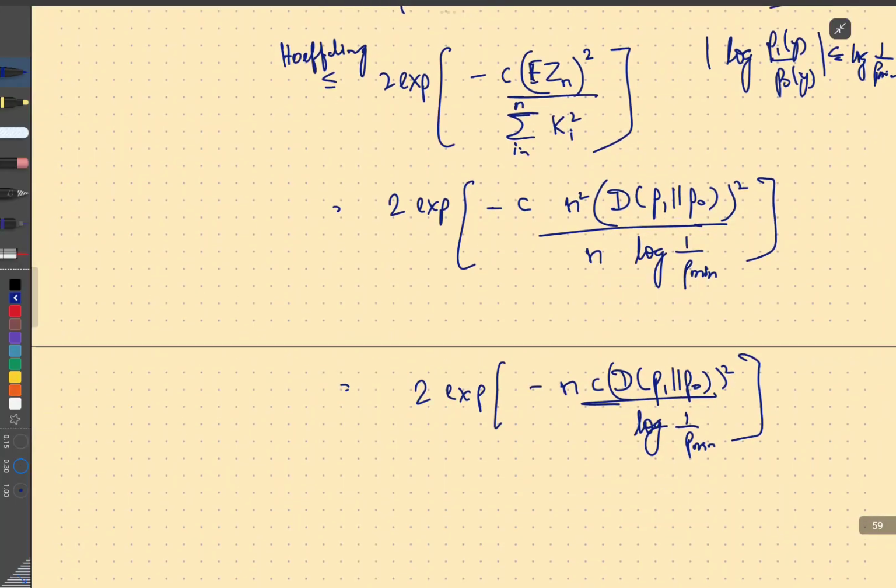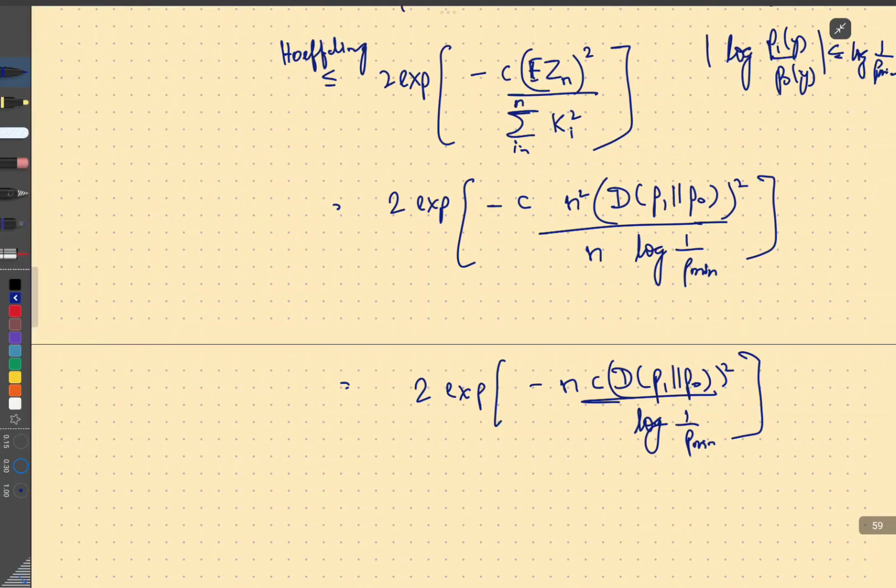Any questions? Okay, so Hoeffding's inequality is very useful in such scenarios. Even if you don't know the actual distribution at hand, you can still derive very nice bounds on the performance of such randomized algorithms or statistical tests.